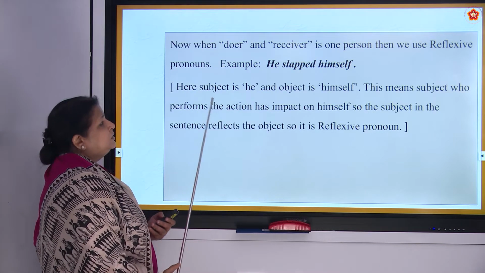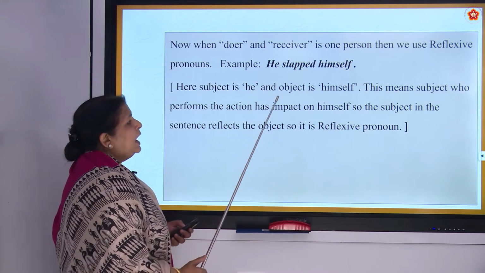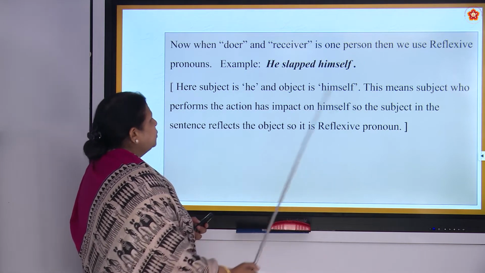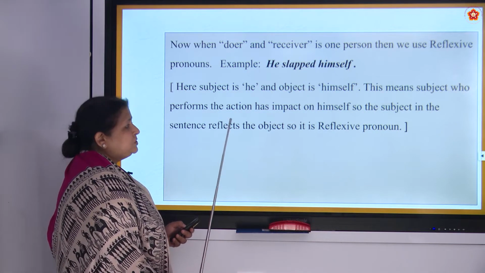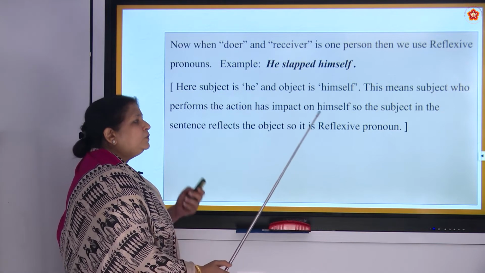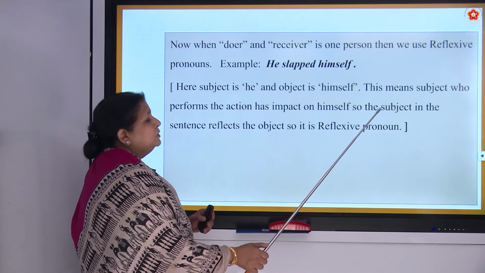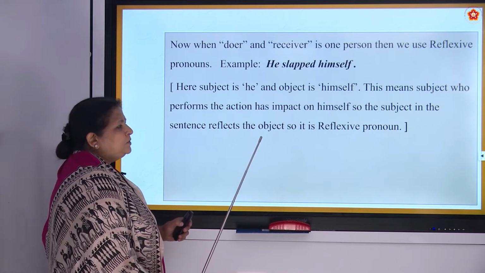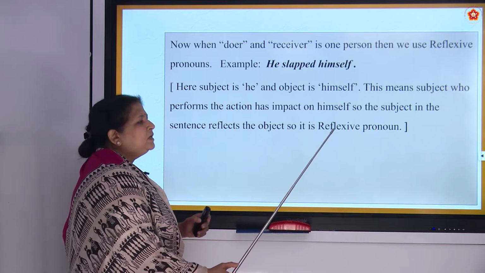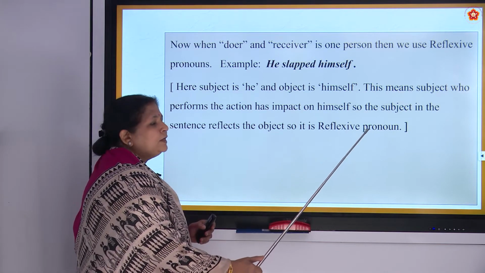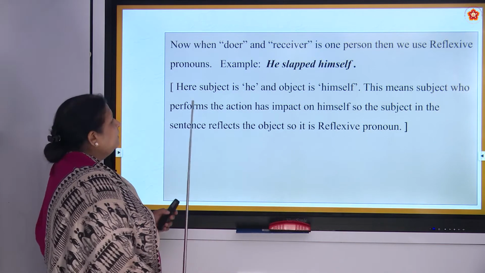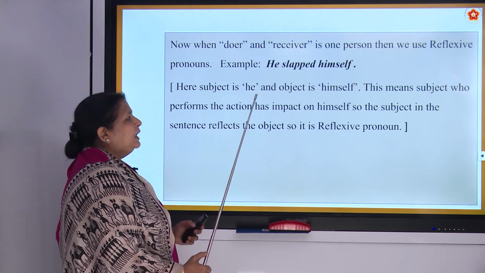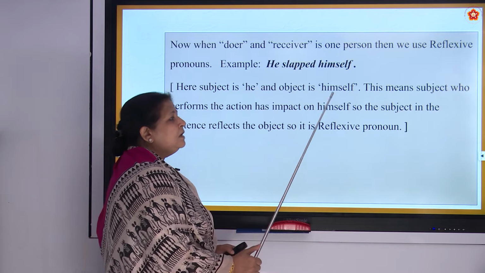So, here the subject is he and the object is himself.